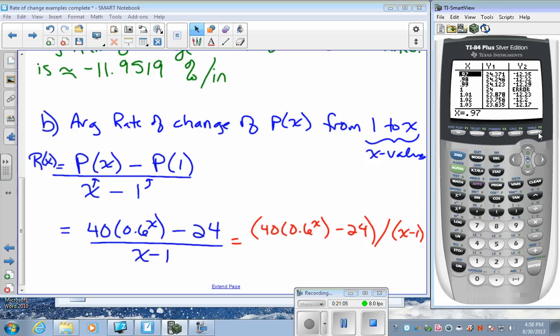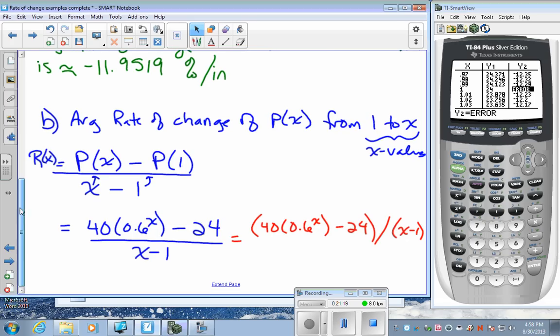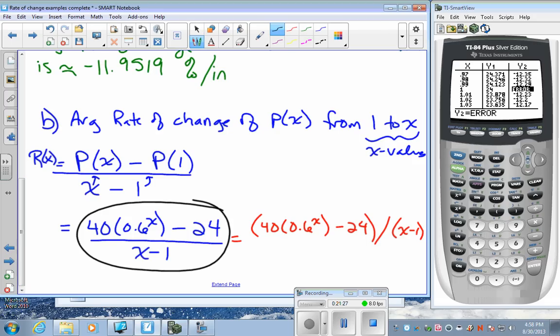So now we need to explain why R of x is undefined at x equal to 1. If we look at our calculator, at 1, our y2, which is our R, has an error. So why do we get an error when we look at our function? What happens when x is equal to 1? What happens to our denominator?